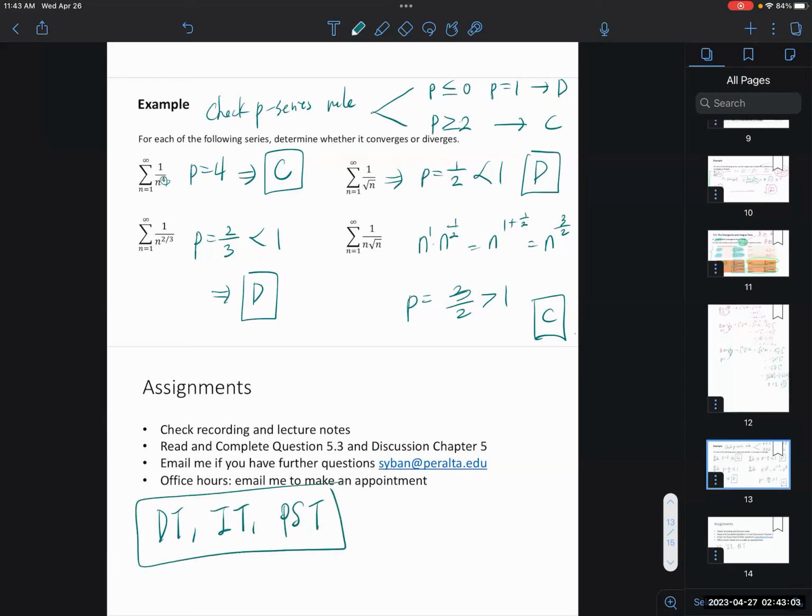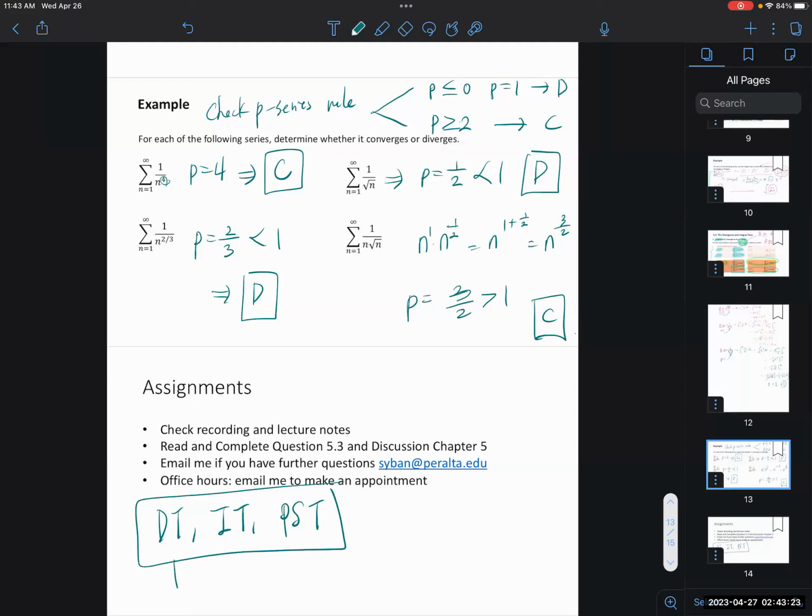So these are 5.3, and you can finish everything. Next session, 5.4, I'm going to show you the comparison test. That's also a very short topic, but there are a couple of properties we need to talk about. So I will focus only on 5.4 in the next session, and today only 5.3.